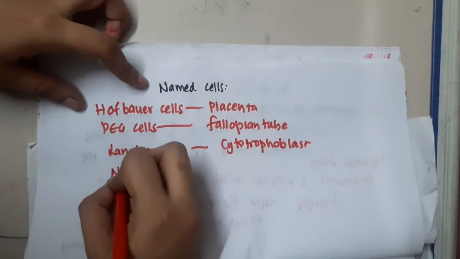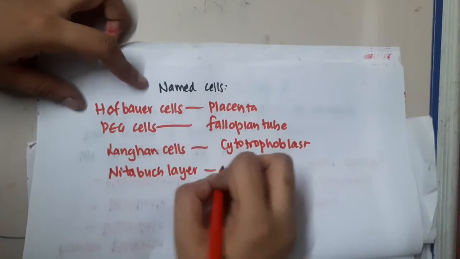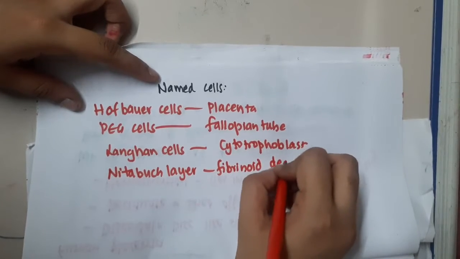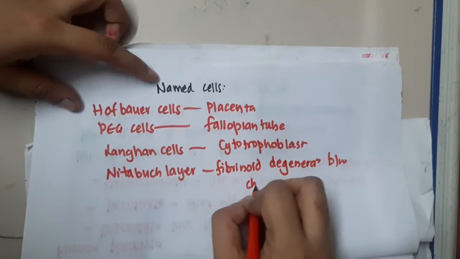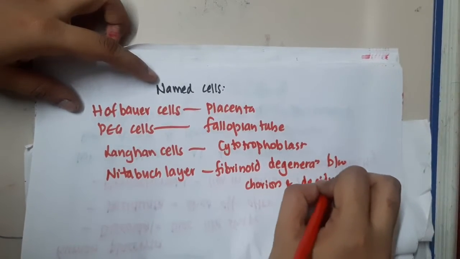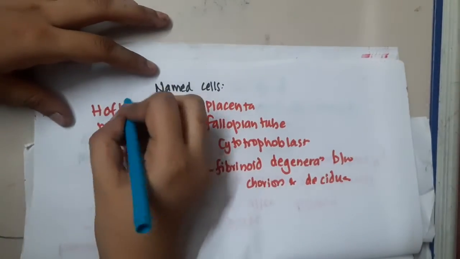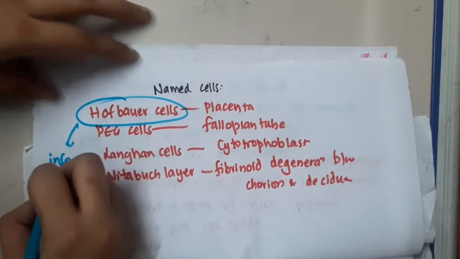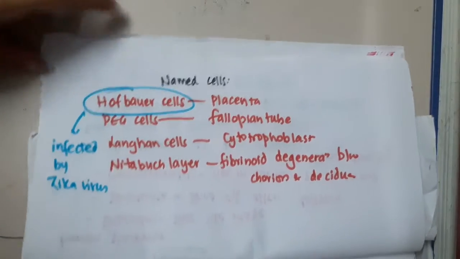Then Nitabuch layer. What is Nitabuch layer? It is fibrinoid degeneration seen between chorion and decidua. Now, Hofbauer cells are infected by Zika virus. Zika virus will infect the Hofbauer cells.